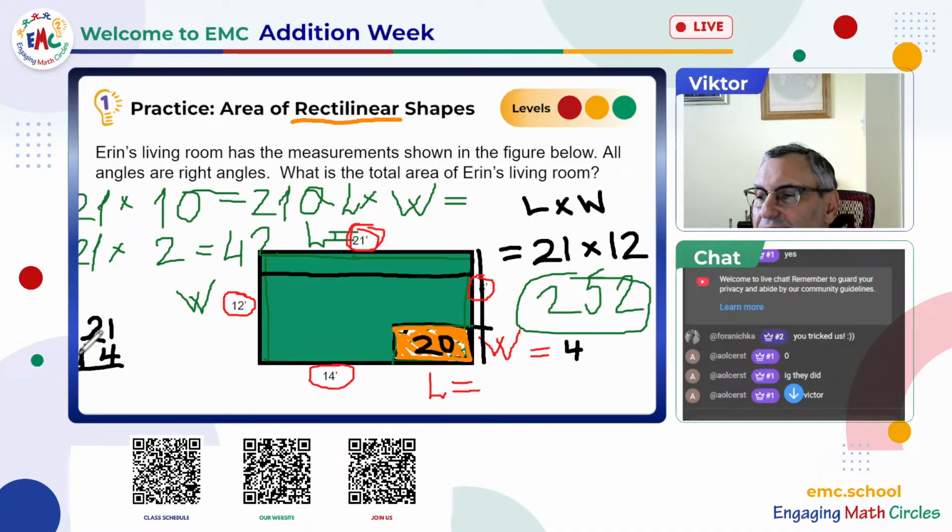Or remember my 7 times tables. This is 2 times 7 and 3 times 7. So there's only one 7 difference between them. So can we say that the length equals 7? So the length is 7.